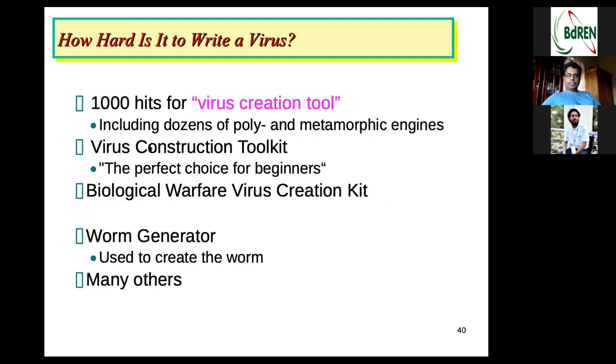There are tools, frameworks, generators, and virus engines available. Using those, even people who have no knowledge of computer science or programming can create viruses. On the other hand, after someone creates a virus, detecting it is a hard task. That's the challenge we are facing right now.